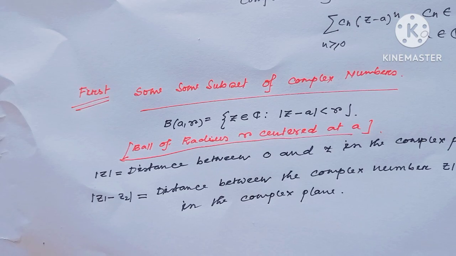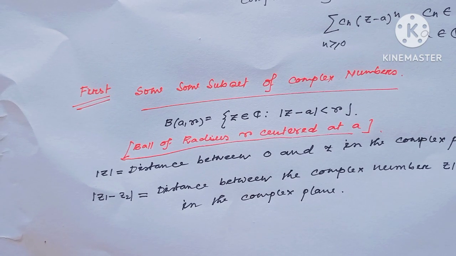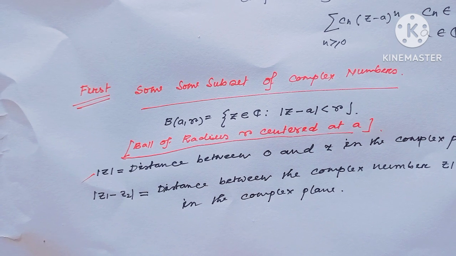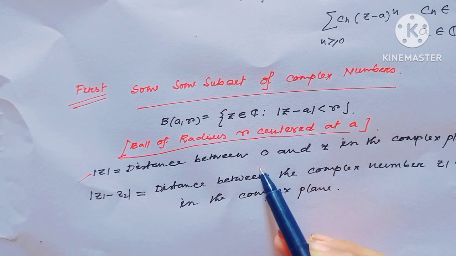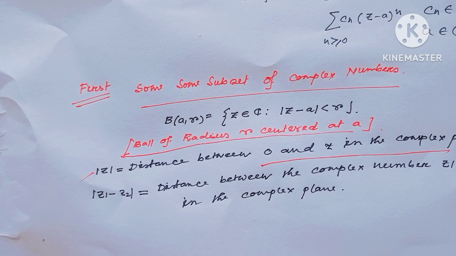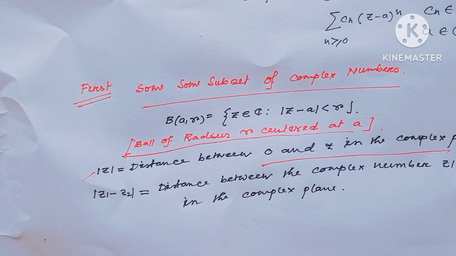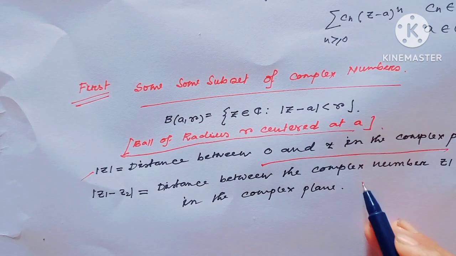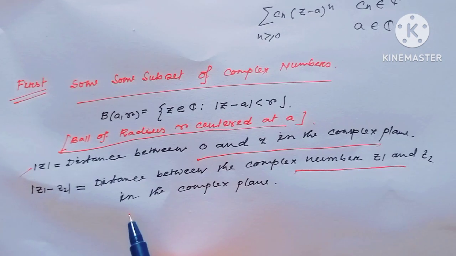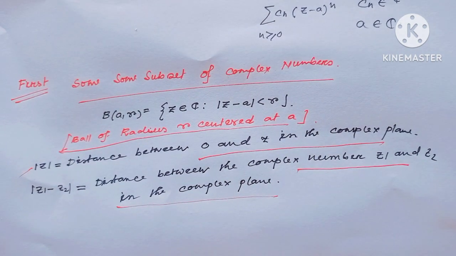Here we also use the term mod z. Mod z, as we all know, is the distance between 0 and z in the complex plane. And mod z1 minus z2 means the distance between the complex numbers z1 and z2 in the complex plane.